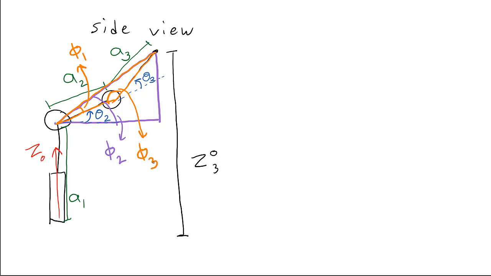So I've got phi 1, phi 2, and phi 3 as new angles that I can now use in my derivation. Also, I'll call the two legs of this purple triangle R1 and R2. And the hypotenuse, which overlaps between the purple and the orange triangle, I'll call that one R3.